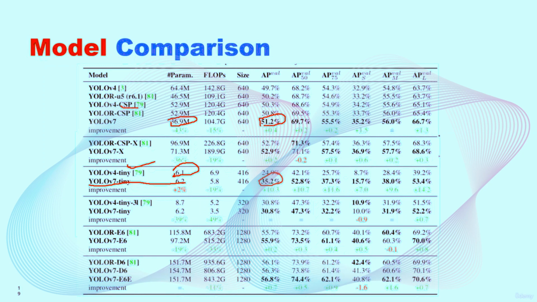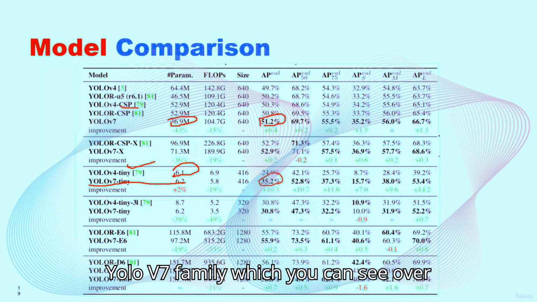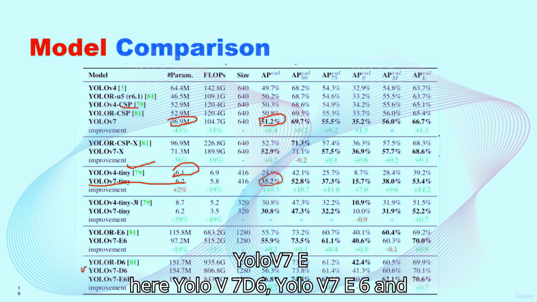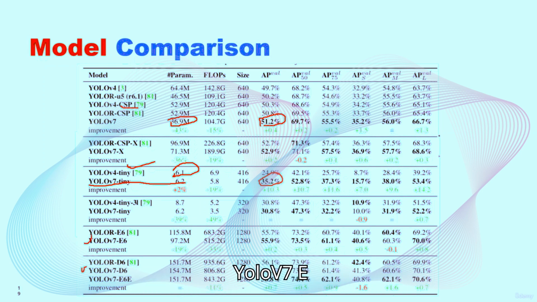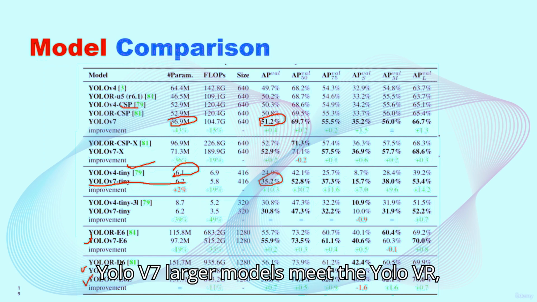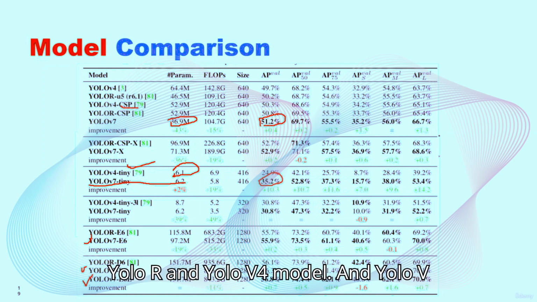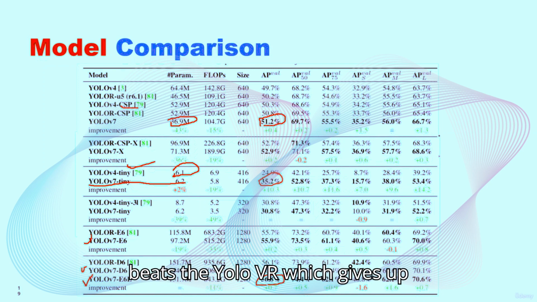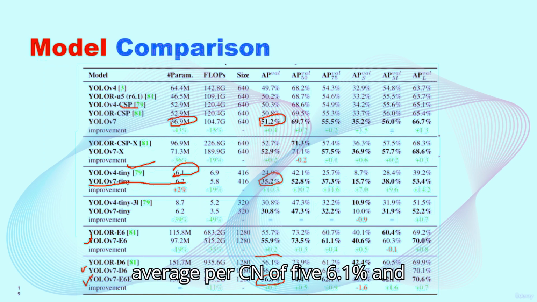The larger models in the YOLO v7 family are YOLO v7 D6, YOLO v7 E6, and YOLO v7 E6E. We can see that all of these larger YOLO v7 models beat the YOLO R and YOLO v4 models. The larger YOLO v7 model gives an average precision of 56.8%, which beats YOLO R, which gives 56.1%.